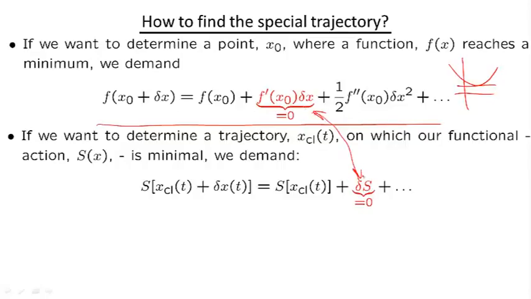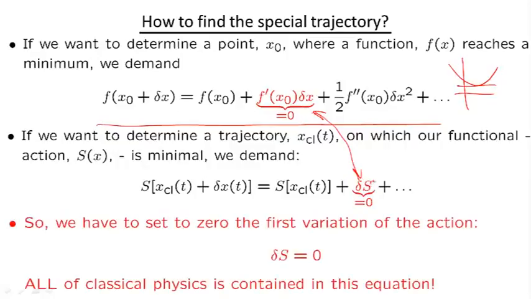This symbol, delta S equals 0, is a mathematical expression for the principle of least action, and in some sense all of classical physics is contained in this equation, which is actually quite remarkable.